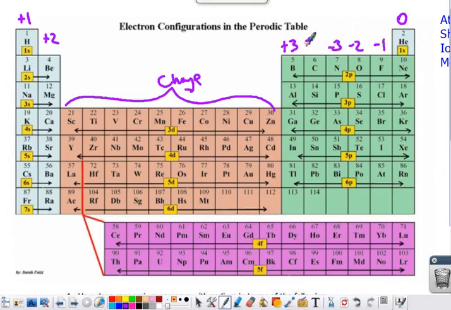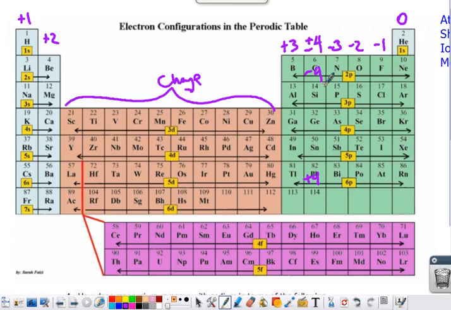And these might be plus 4 or minus 4. They could gain 4, 1, 2, 3, 4, or they could lose 4, 1, 2, 3, 4, and kind of be happy. Those guys tend to switch as you go down. This side tends to be the plus 4, this side tends to be the negative 4.